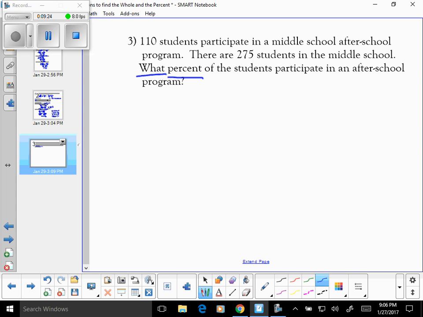Now, here's the word of, so students has to be whole, participate in the after-school program. Now again, we don't know the percent. That's the N. And here's where we think. Are all of the students in the middle school program? Nope, just 110. 110 out of 275.